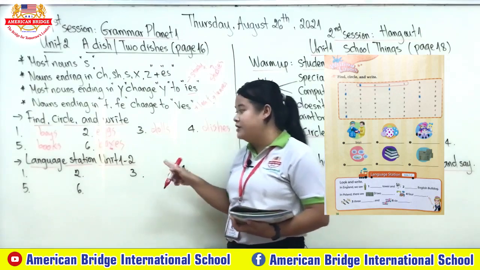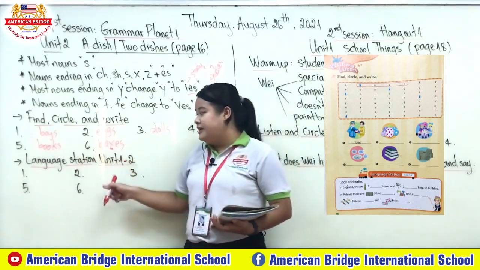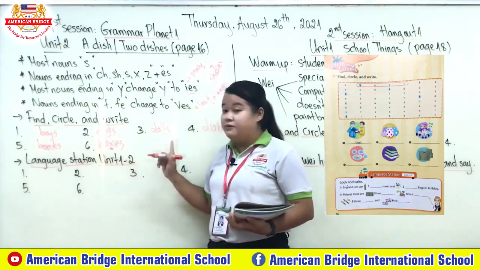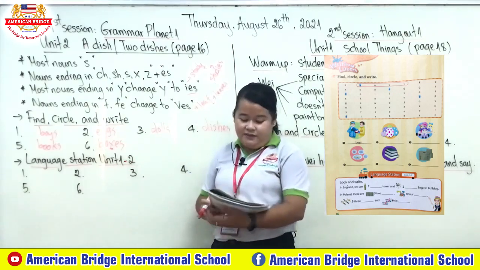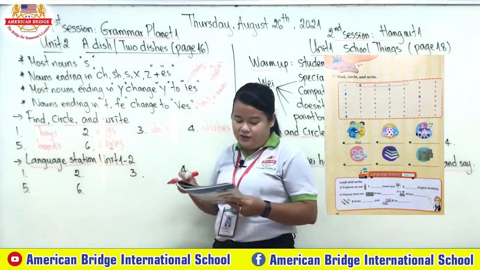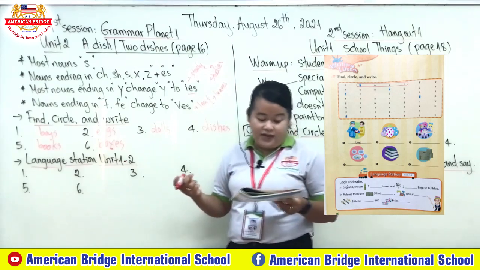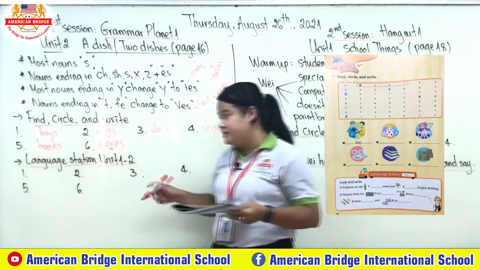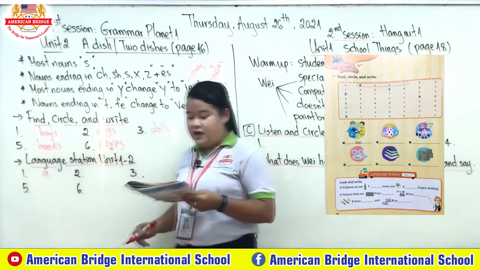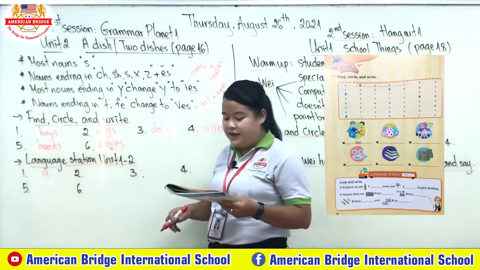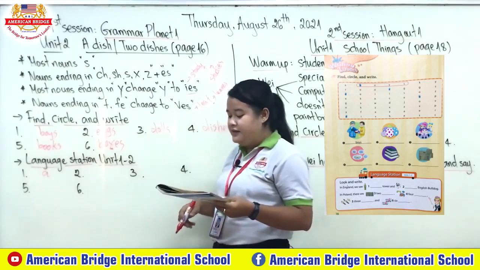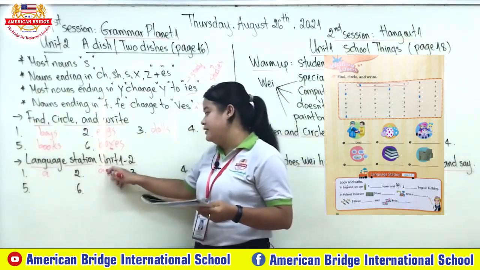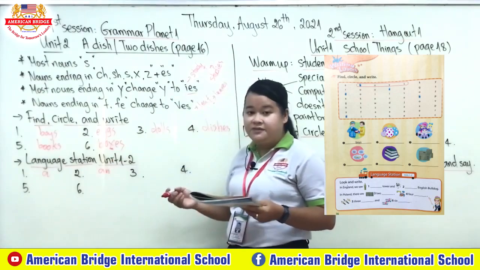Now let's move on to Language Station, where you need to review from Unit 1 until Unit 2. Let me read it for you. They want you to look and write. In England, we see what? Good. We see a tower and an English bulldog.